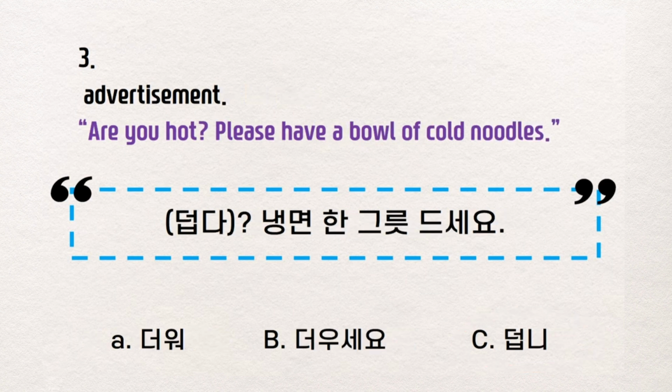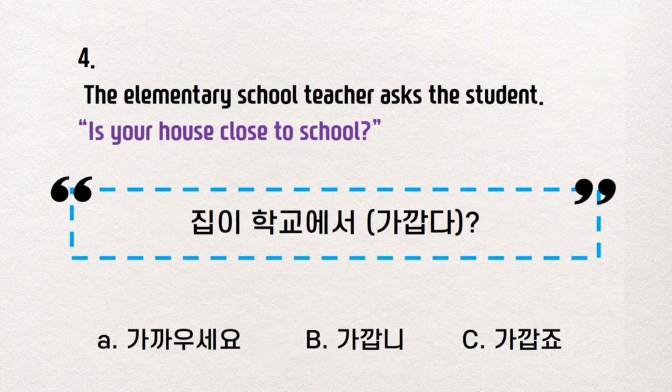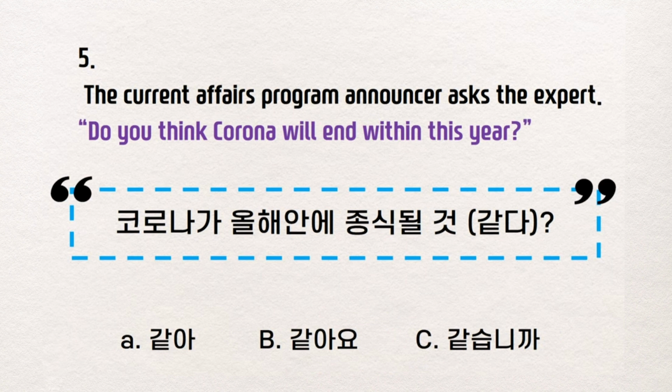It's an advertisement. Are you hot? Please have a bowl of cold noodles. The elementary school teacher asked the students like this, is your house close to school? The current affairs program announcer asked the expert, do you think Corona will end within this year?